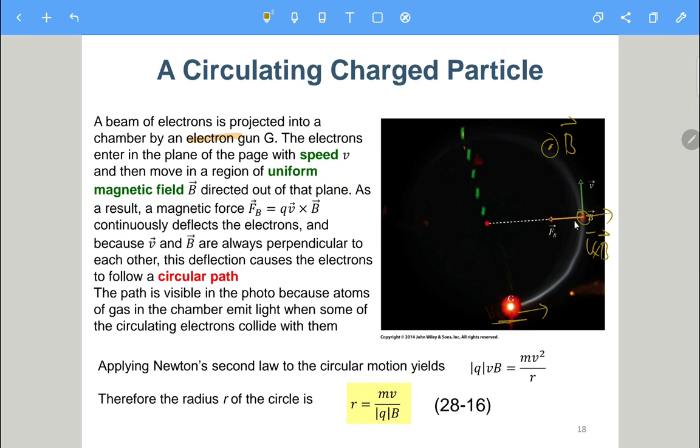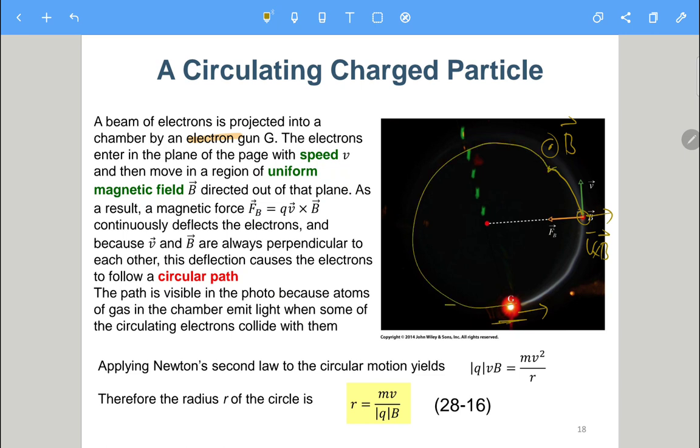Actually it is a negative charge, so FB should be pointing inward. So V points to this side, FB points to the left side, so it will actually move like that.